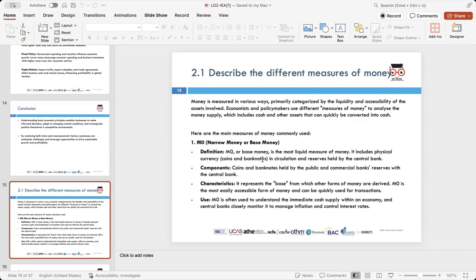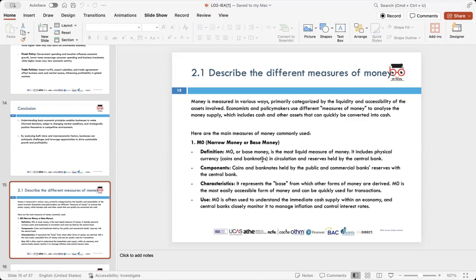Components: coins and banknotes held by the public and commercial banks, and reserves with the central bank. Characteristics: it represents the base from which other forms of money are derived. M0 is the most easily accessible form of money and can be quickly used for transactions.